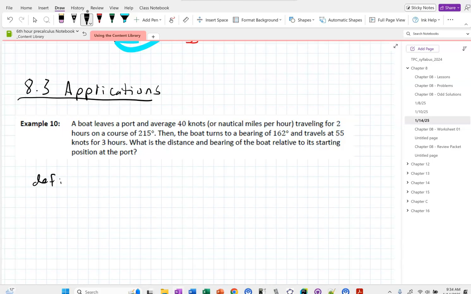Before we do this, there's a word in here that needs a definition because we've never used this word before in regard to an angle. That's a course or a bearing. When we're talking about navigation, we define direction a little bit differently than we do for a standard position angle.